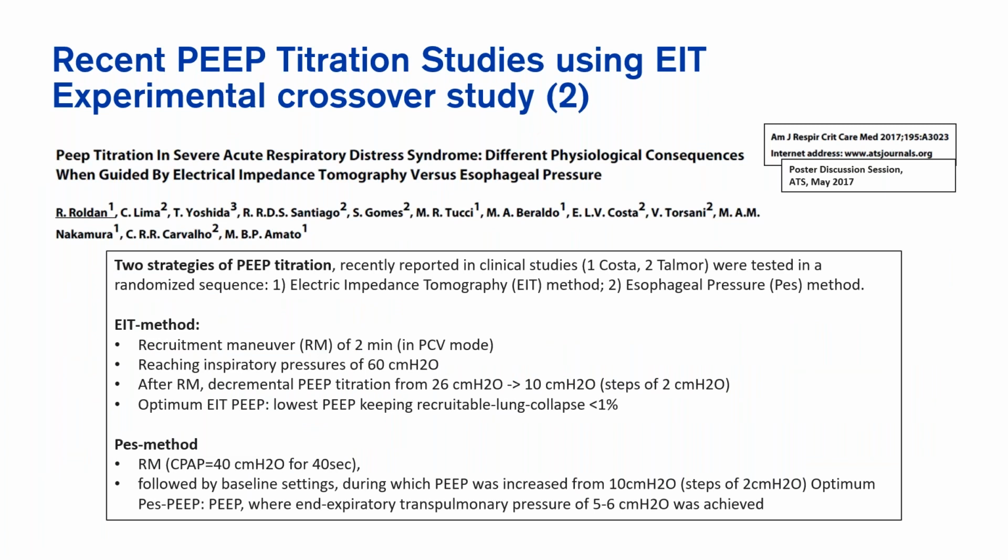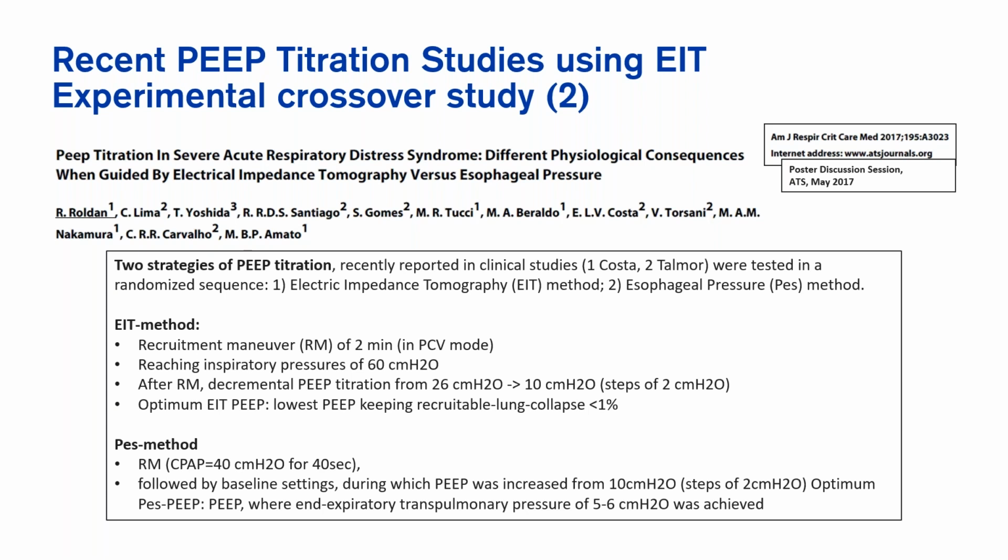Also, another study that also looked at PEEP titration using the EIT is from the group of Marcelo Amato. They had two strategies of PEEP titration. One was the EIT method. They performed a recruitment maneuver of 2 minutes in pressure control mode, reaching an inspiratory pressure of up to 60 millibar.